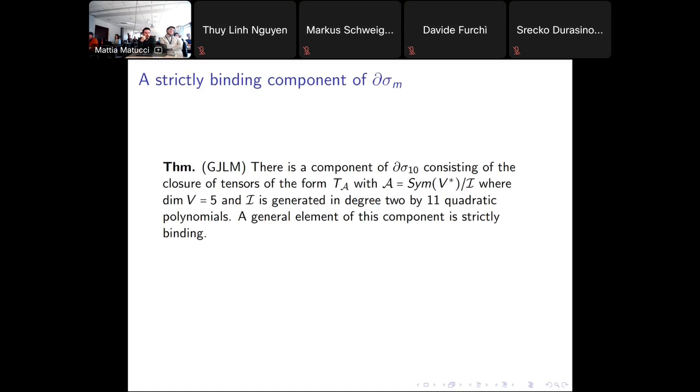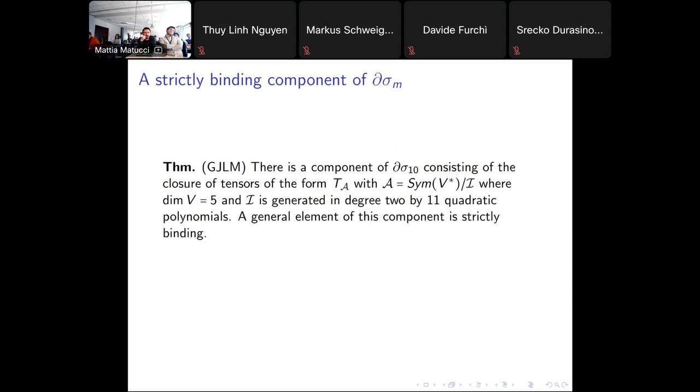Now, the next component we found, we had to go up to 10. We found a component when m equals 10 of this form, where now I use fancier letters, but it's still S mod I. Let's not worry about this because I'm going to run out of time today, and I think our time would be better spent discussing other things.